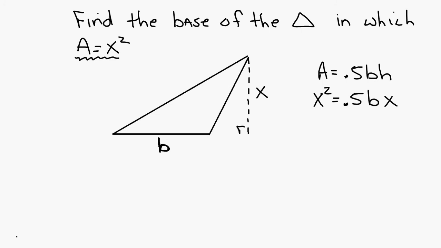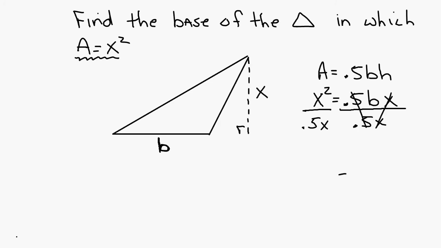So if you're solving for b, you divide both sides by 0.5x, right? You're trying to remove the x and you're trying to remove the 0.5. So if you divide both sides by 0.5x and divide by 0.5x, these cancel.